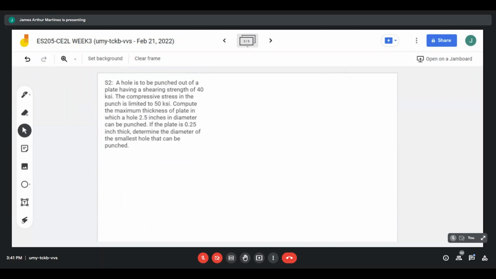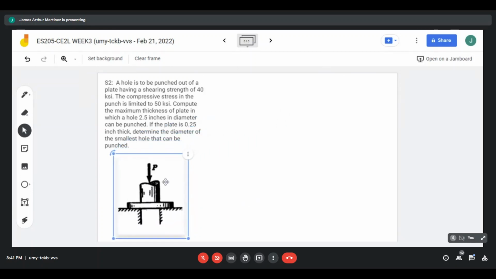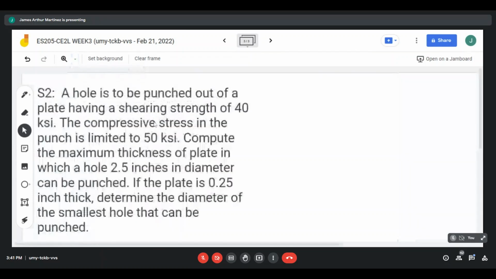Okay. Sample problem number 2. A hole is to be punched out of a plate having a shearing strength of 40 KSI.